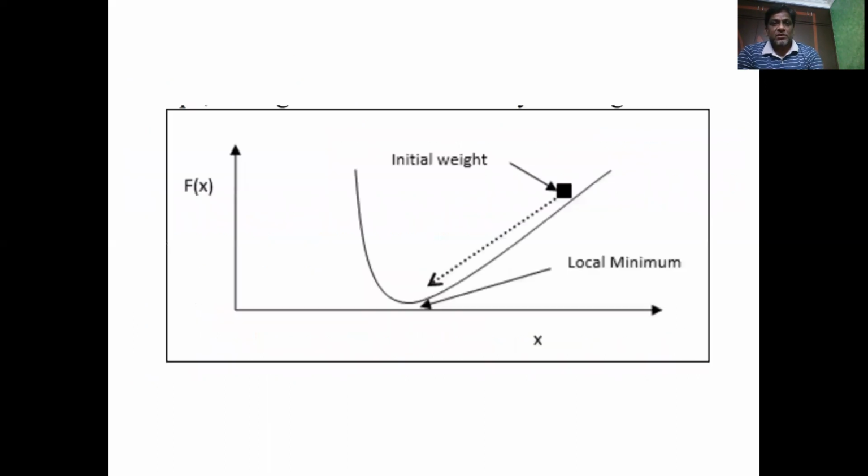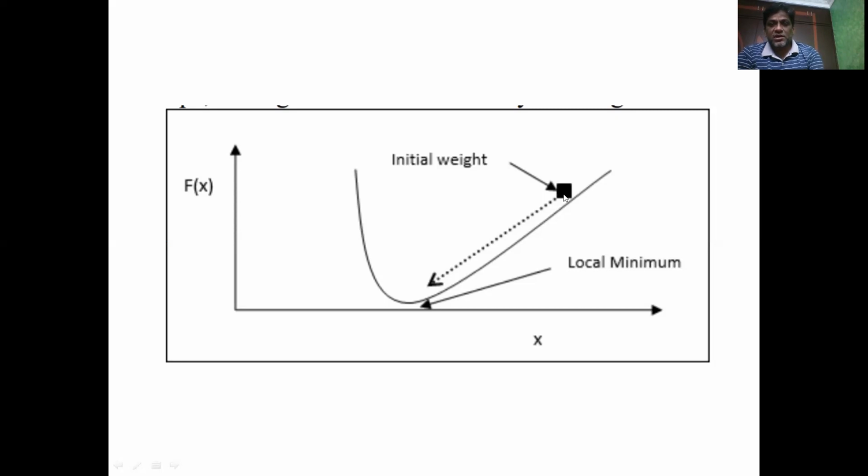This is how it works. Let us say this is the initial weight, and it will move towards a local minimum, the minimum cost. If you initialize here, it will move towards like this. If you initialize here, it will move towards here.